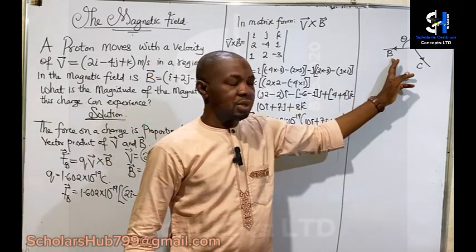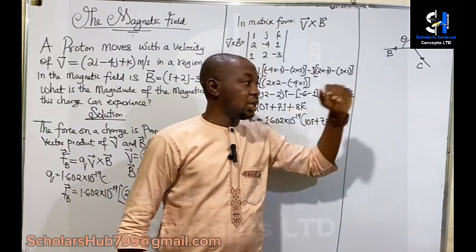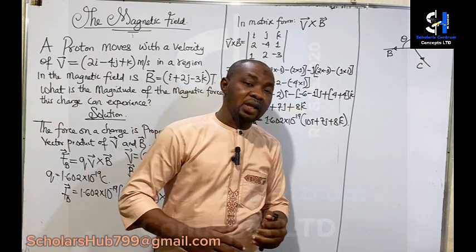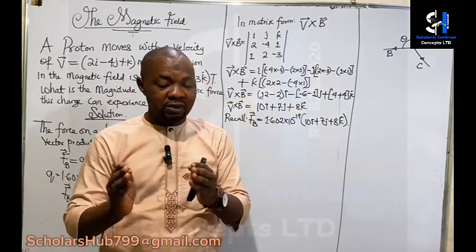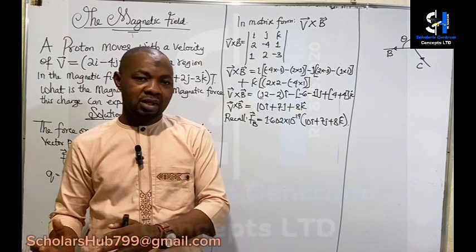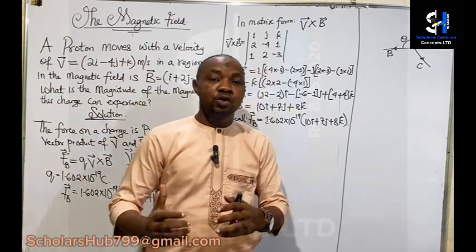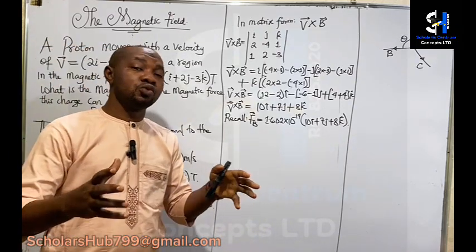I'm sure we know that B stands for the magnetic field intensity, because I explained this in my previous video. That's why I said there are two versions of the right hand rule, not the right hand grip rule. In my previous video, I used one of them to solve a question that has to do with the right hand rule.